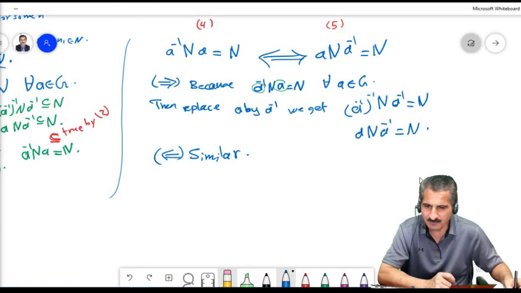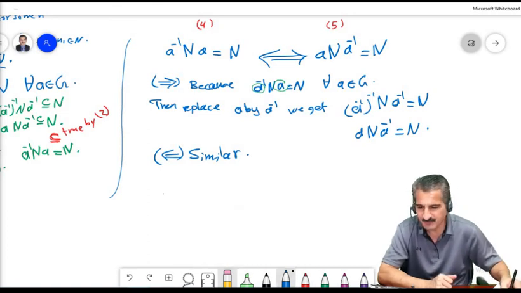Now we want to prove the last part, which is 5 gives 1. 5 says A n A inverse equals n.